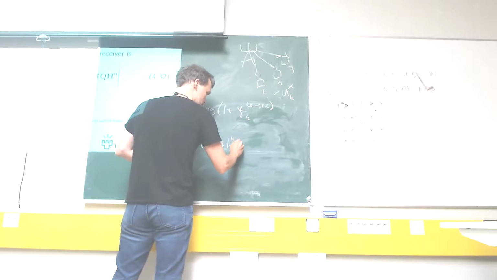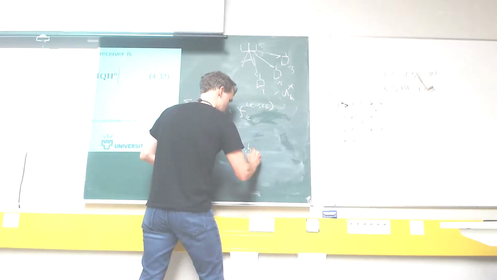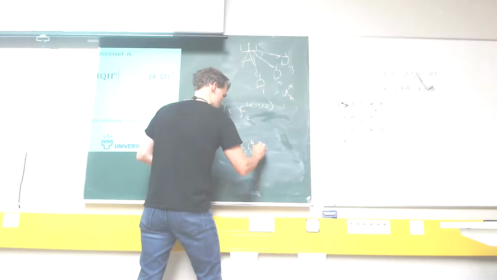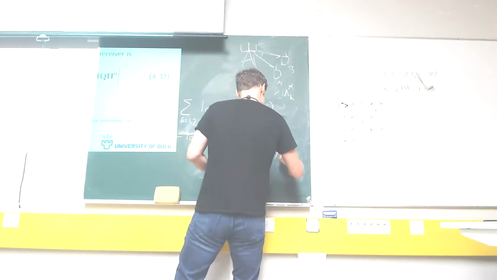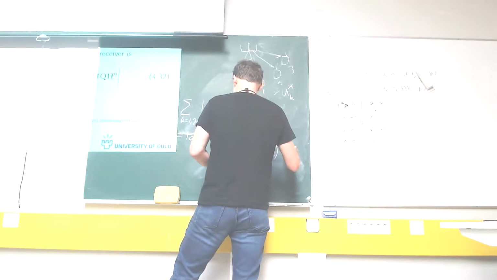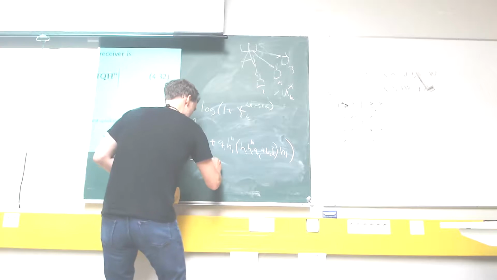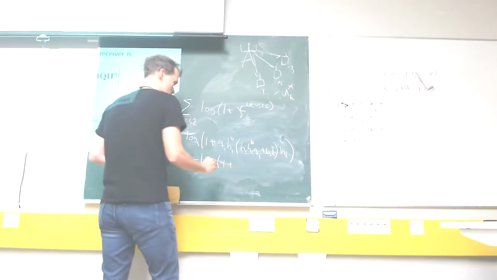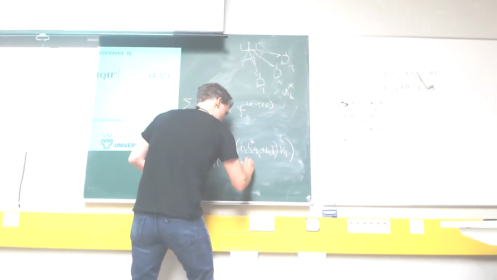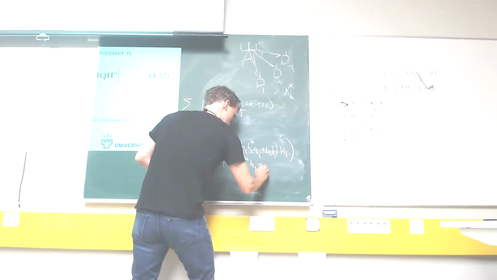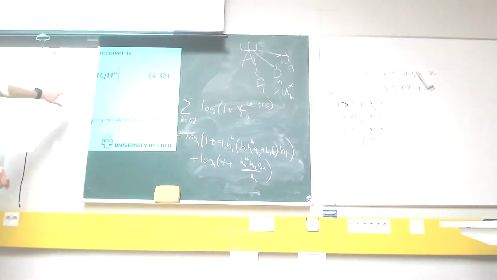H1, what do we have here? H2, Q2 plus N0 I, times H1, plus log 2 of what? 1 plus H2, Q2 over N0. Okay. So how do we end up here?